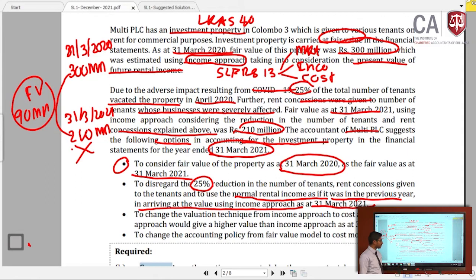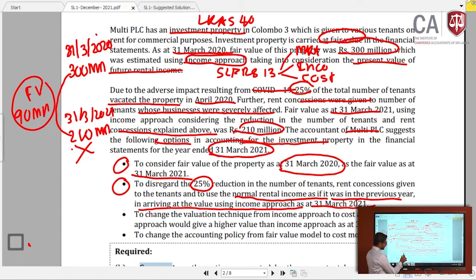But now the accountant is saying, let's forget about the 25% reduction, COVID-19 and the rent concession. We will use the same cash flows that we used for last year's valuation. So that is the second suggestion.